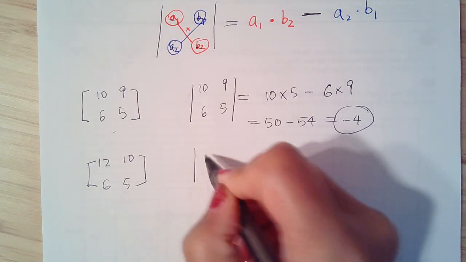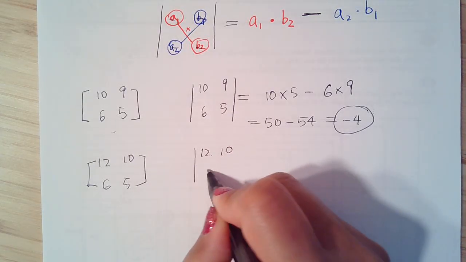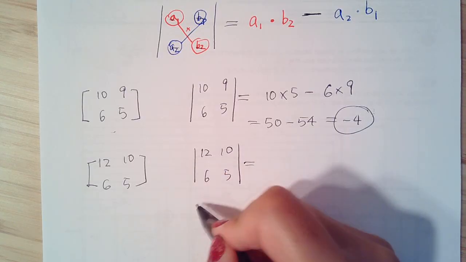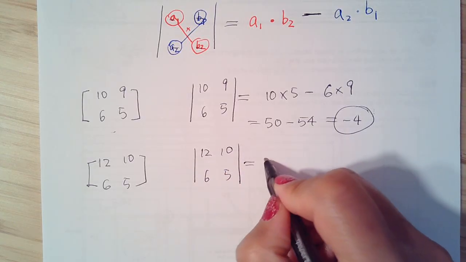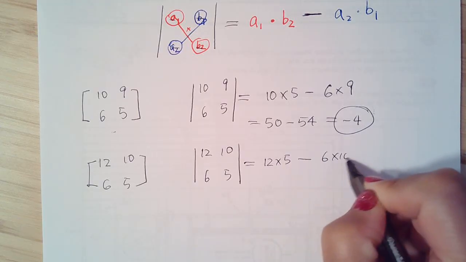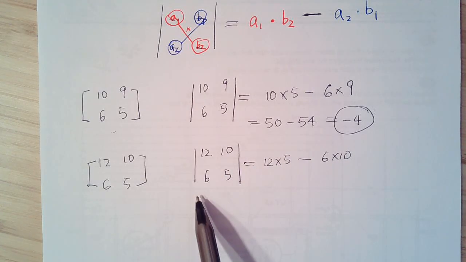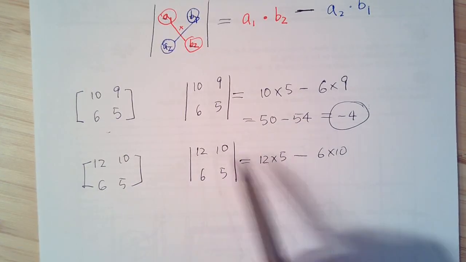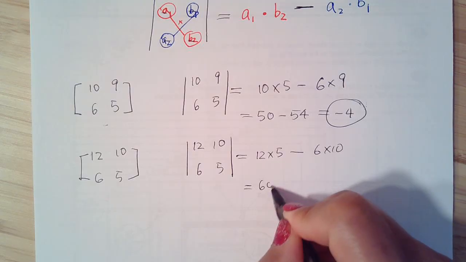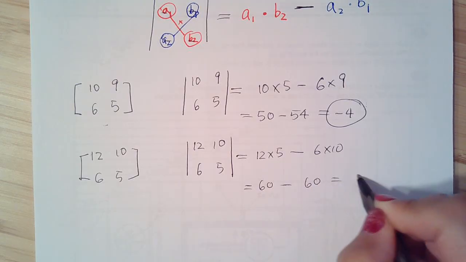Easy. Because that's a vertical bar, I can just go ahead and do 12 times 5 minus 6 times 10. It doesn't matter if you do 10 times 6 or 6 times 10. This is much easier. So that will be 60 minus 60. That is 0.